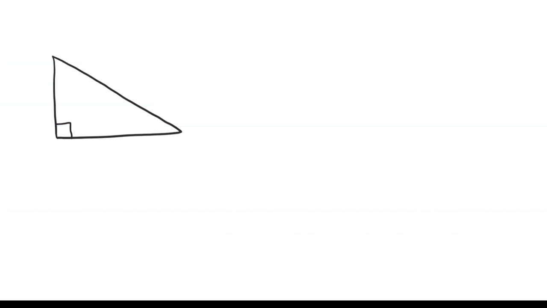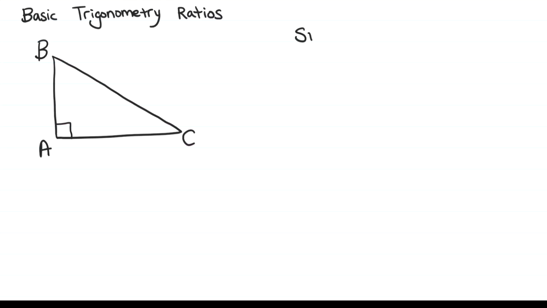So I'm going to call this A, B, C. So the basic trigonometry ratios, there are three types: sine, cosine, and tangent.